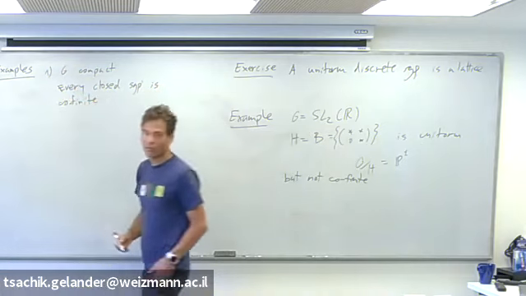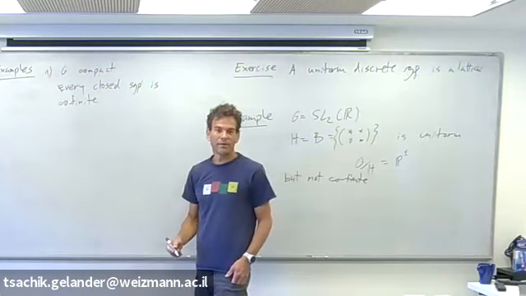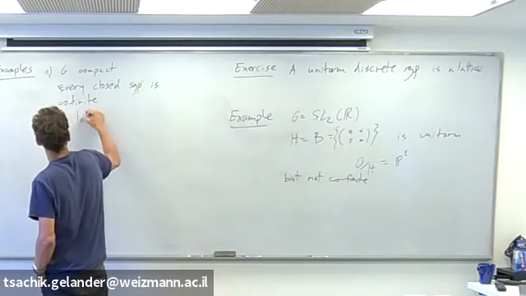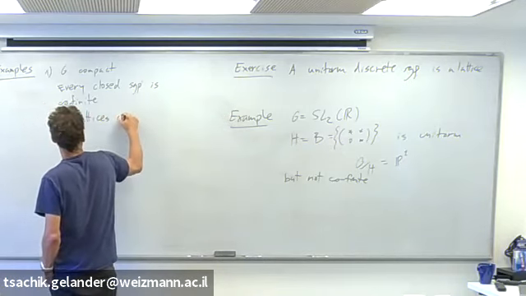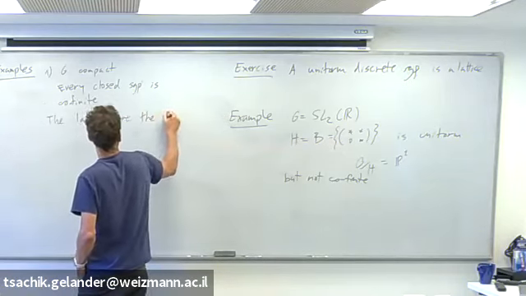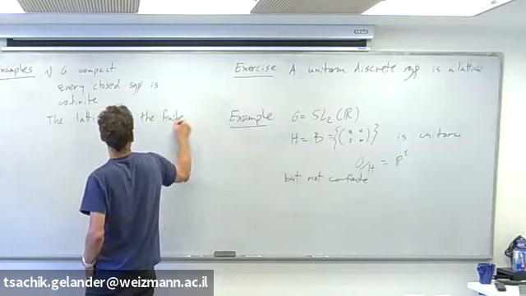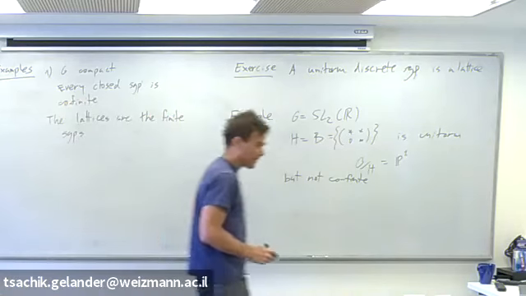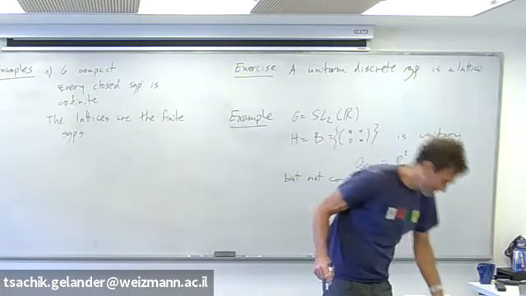What are the lattices in a compact group? The lattices are the finite subgroups. This is the proof, G is compact.